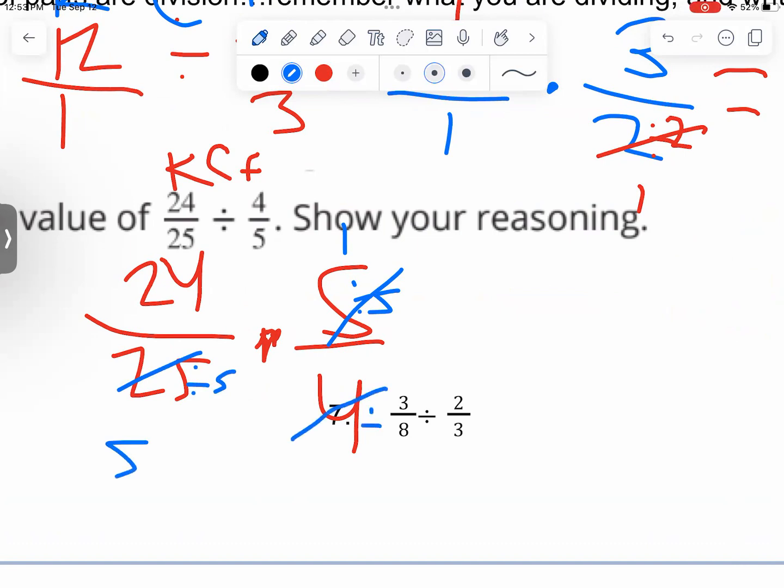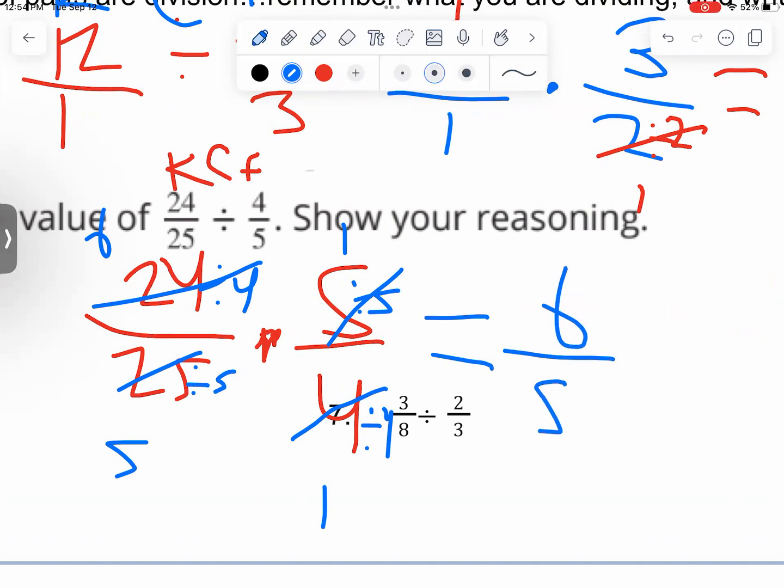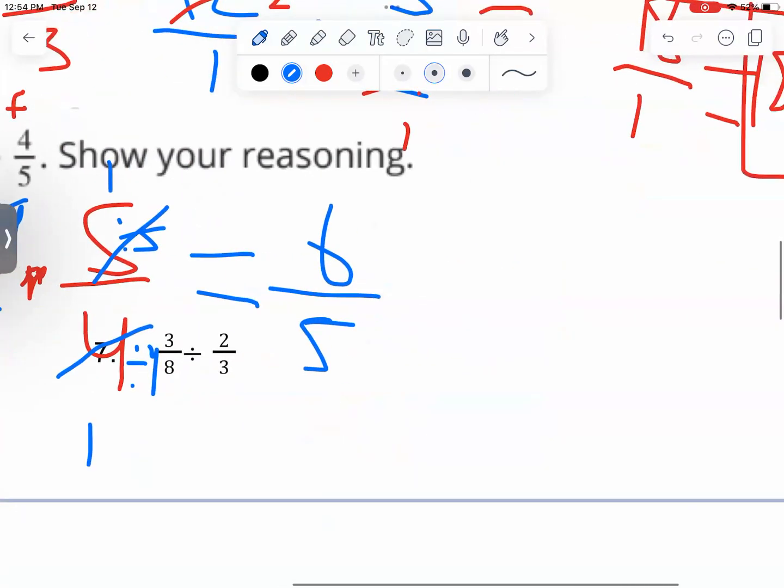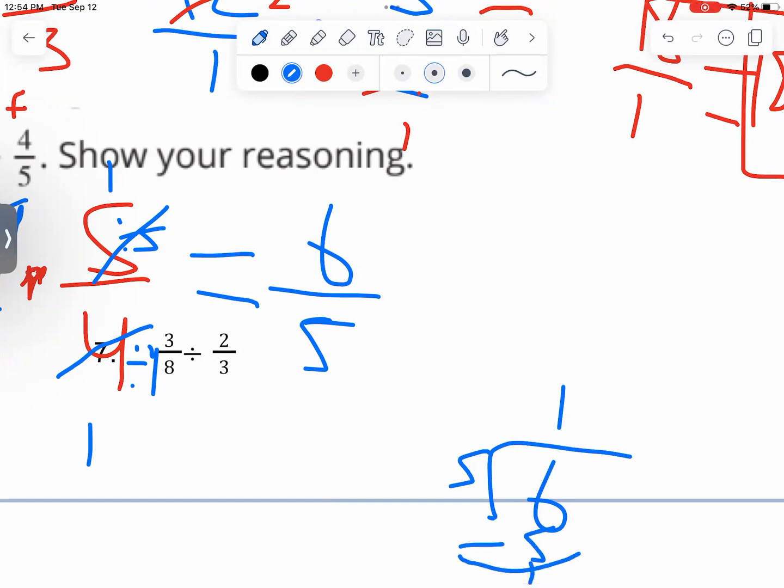Divide by 4, we get 1. And divide by 4, we get 6. So 6 on the top, 5 on the bottom. 5 goes into 6 one time. 5 times 1 is 5 with a remainder of 1. So 1 and 1/5. 1 whole with 1 out of 5 left over.